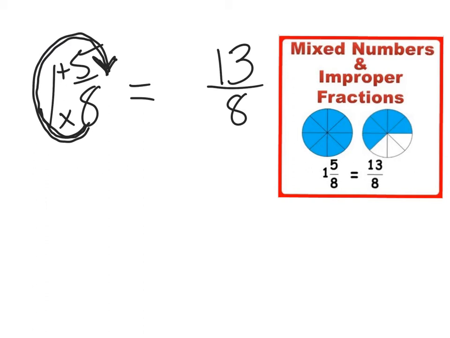I've found my equivalent counterpart to 1 5/8. So again, you got to keep in the back of your mind what we're still learning about: equivalent fractions, things that are equal to one another. And this explains it over here on the side. If I were to draw it out in a picture, 13/8 is the same thing as 1 5/8.